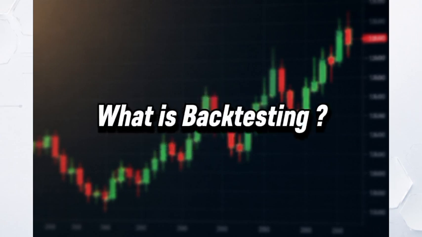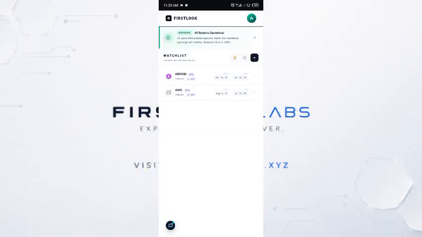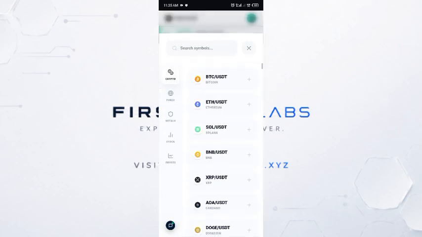Let's start with backtesting. Backtesting is the process of testing a trading strategy using historical market data. Instead of risking real money, you're able to go back in time and see how your strategy would have performed under real market conditions. Inside First Look Labs, simply choose a currency pair from your watch list.